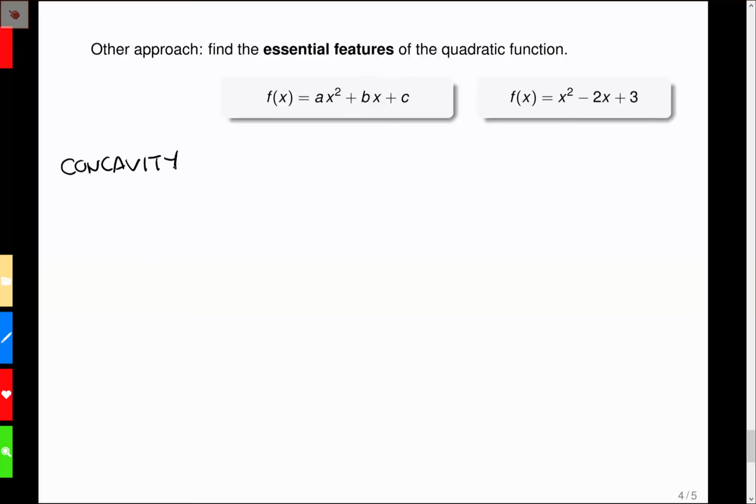As you know, the graphs of quadratic functions are called parabolas, but this could be a smiley face parabola, called a concave up parabola, or it could be a frowning face parabola, called a concave down parabola.